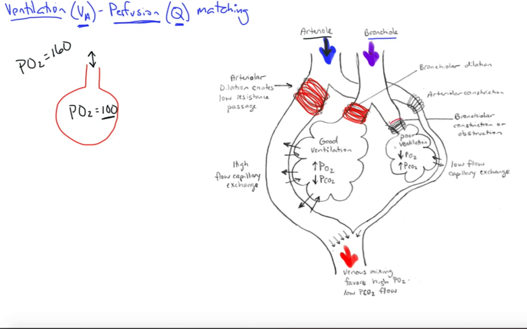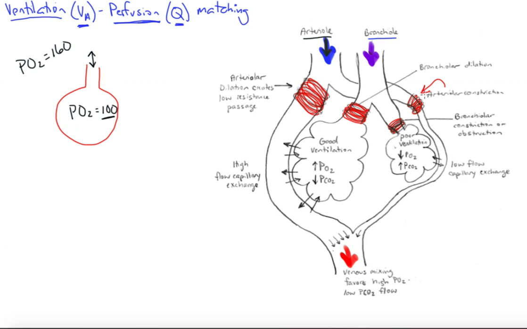We've got the same thing over here, except we've got our smooth muscle doing something different. If we have poor ventilation over here on the right, we have low oxygen. Look at what the arteriolar muscle is doing. The arteriolar muscle is constricted. Number one, it's going to match, if you will, the blood flow to the airflow.